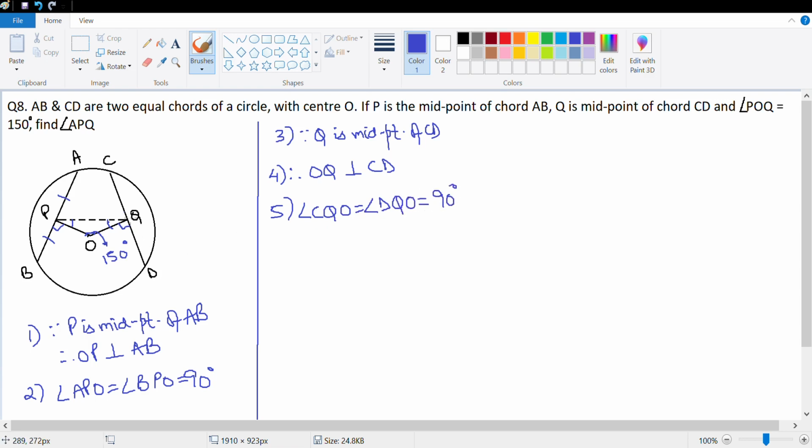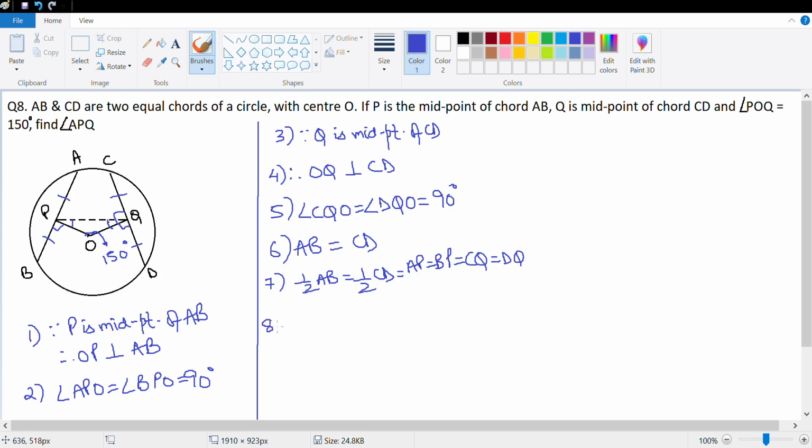So this angle is also 90, this angle is 90. What we also know is AB is equal to CD, which means half of AB is equal to half of CD, which is equal to AP, which is equal to BP, which is equal to CQ, which is equal to DQ, which means all these four sides are equal.